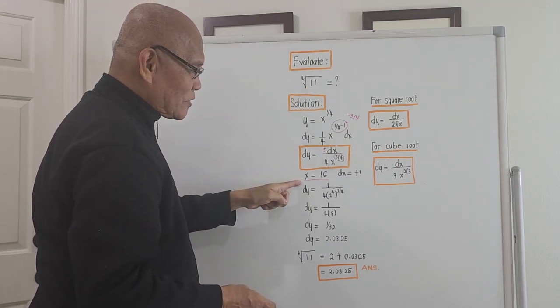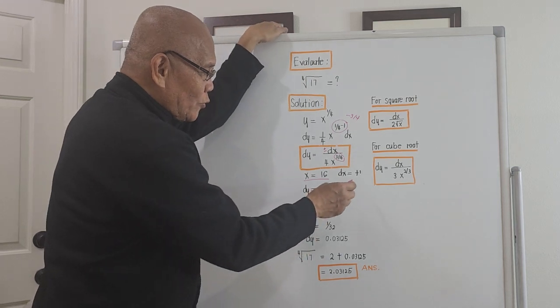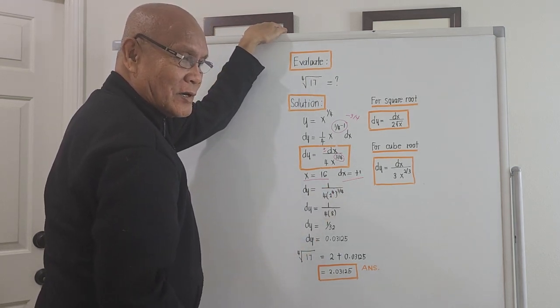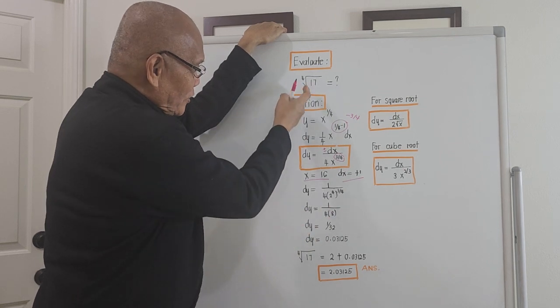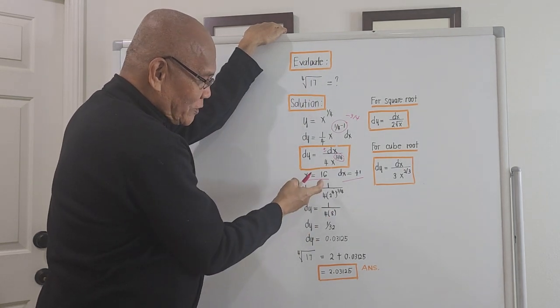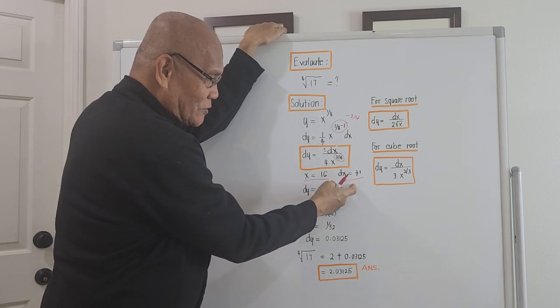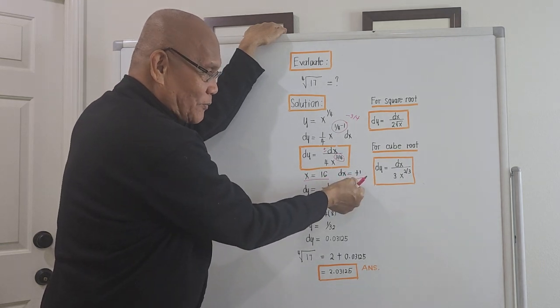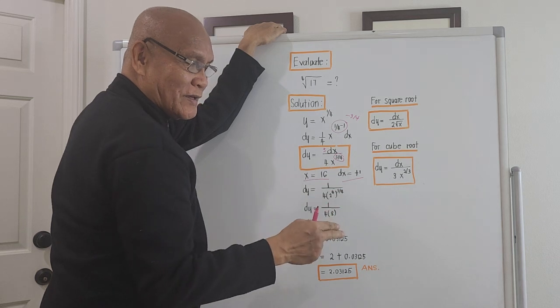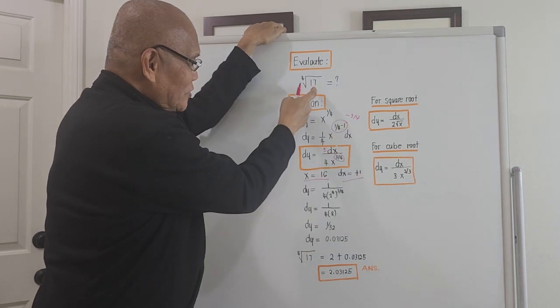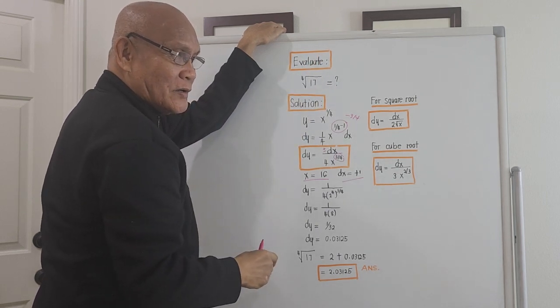We get x to be 16, and we put differential x equal to plus 1, right? So meaning, the fourth root of 17 will be the fourth root of 16, including the differential plus 1. But there is a differential plus 1, so what will be the increase in the fourth root? It should be an increase because this is 17, it is plus 1.